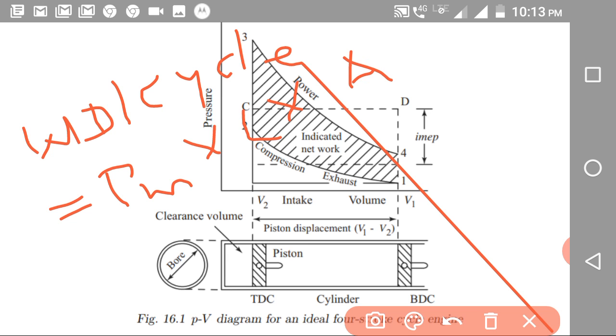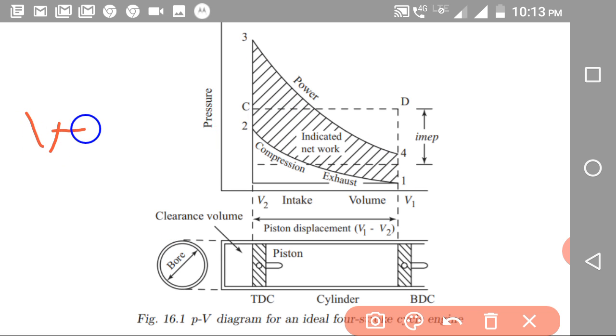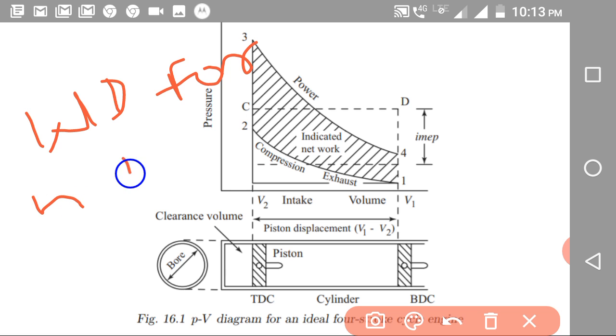This equation is for work done per cycle, so we can multiply it by the number of cycles, and we will get the work done for n number of working strokes.